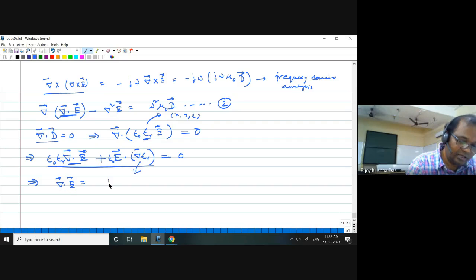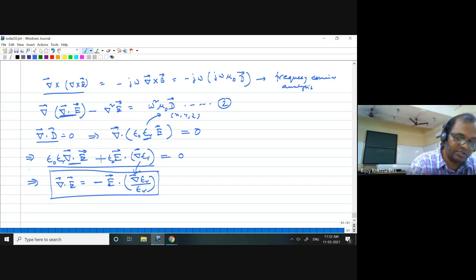I can write E dot gradient epsilon r, that is of course a vector, gradient of a scalar, it will be a vector. I can write like this, with a minus sign. So this is your expression for divergence E, right?